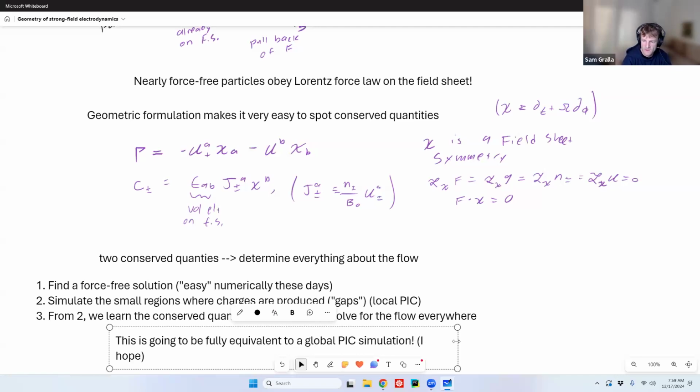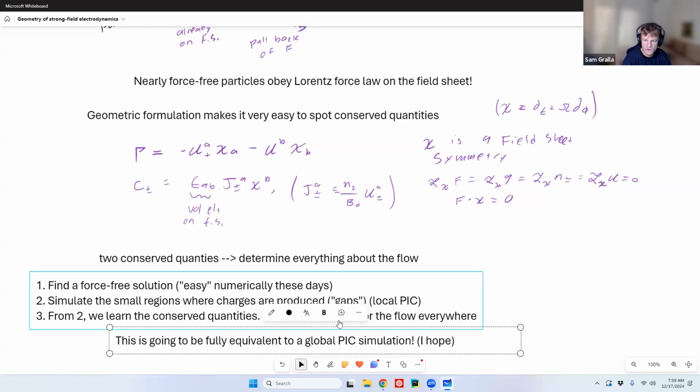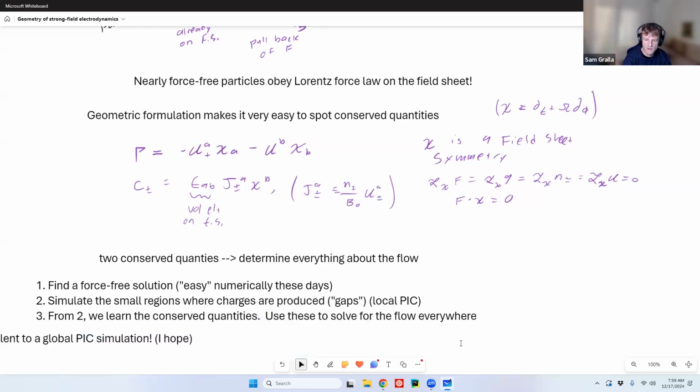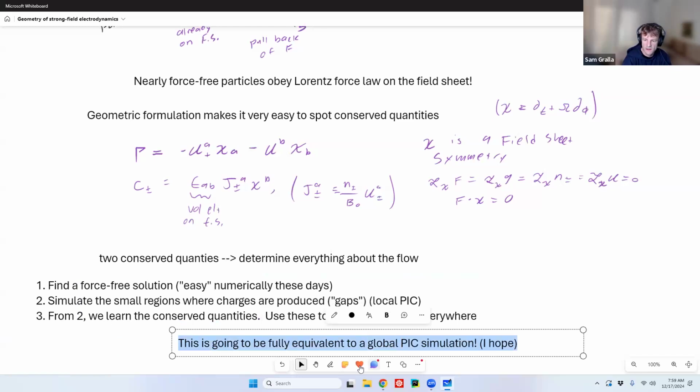And you'll notice that the only global solution is force-free, which is quote unquote easy. We just replace the global PIC simulation by a local one that fixes the physics, and then everything else is done quasi-analytically, at most having a numerical representation of the force-free solution, and then solving algebraic equations in that numerical representation.